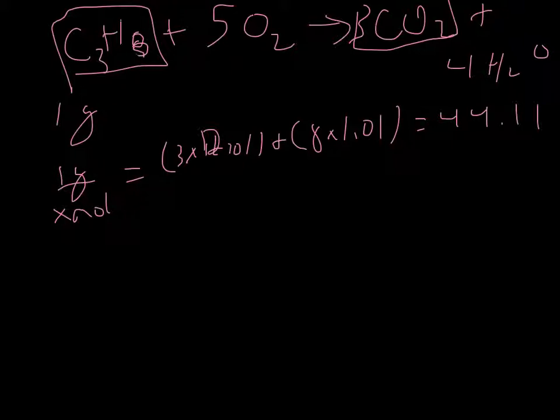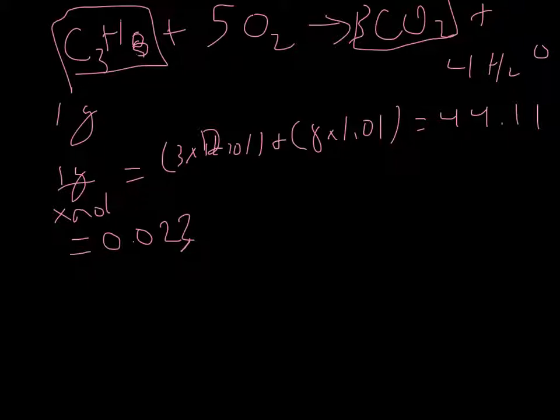Multiply by x and divide by 44.11 to give you 1 over 44.11 moles, or 0.023, so a pretty small number. If you're doing this on your calculator, I'd leave the answer there, not clear it, and then use the answer key to keep doing your math, because you want this to be as exact as possible.